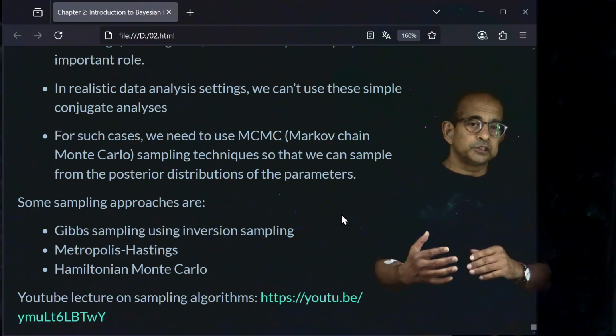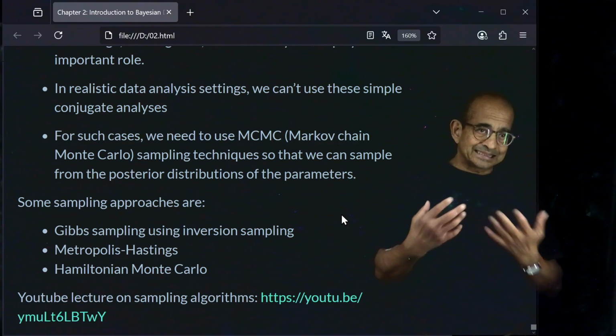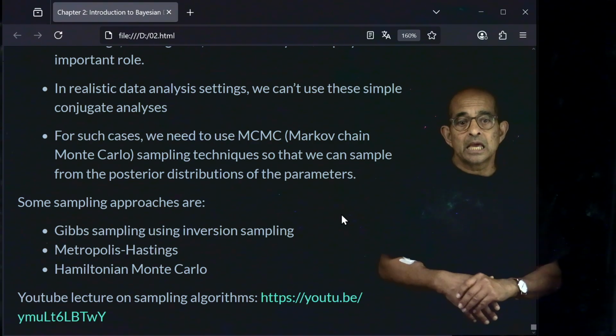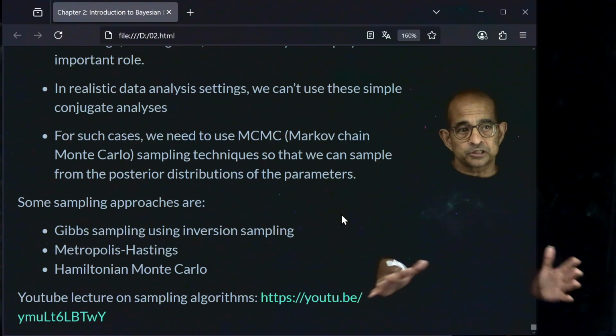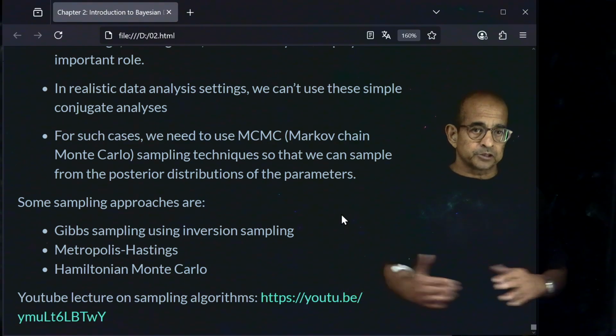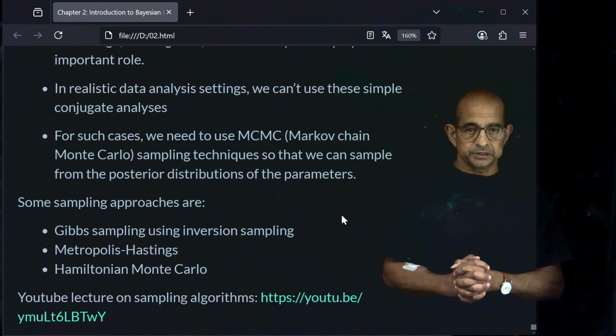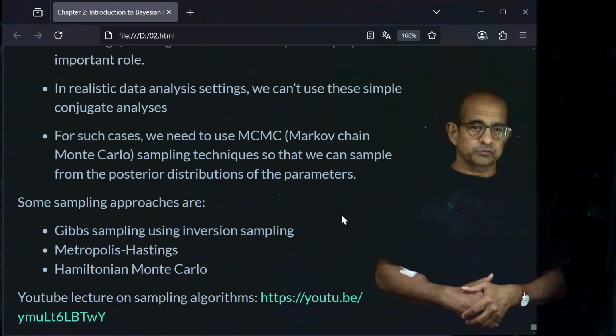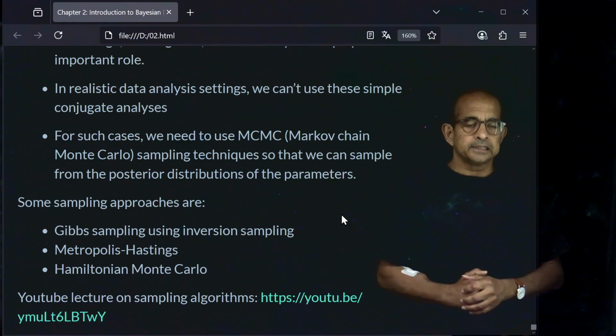But now what we will do is we will get samples of the posterior distributions of the parameters of interest, but we won't have any closed form solution like a gamma posterior or a beta posterior for the parameters of interest. And for that, we will need computational tools, and that's what we will discuss in the next chapters.